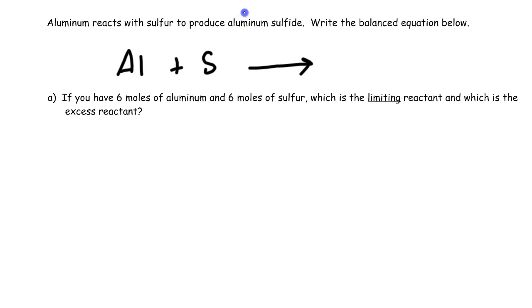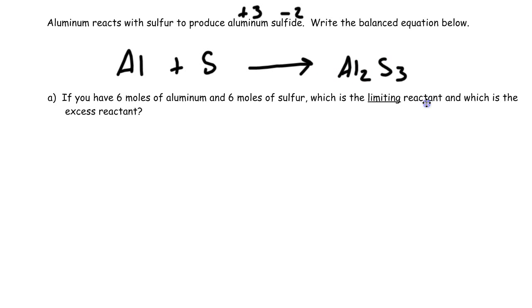So aluminum, if we look on the periodic table, is a metal, so we're dealing with an ionic compound, so we're going to be dealing with oxidation numbers. So our charge, aluminum is a +3. Sulfur, which is where sulfide comes from, which is in the ion name for it, is a -2. So when we crisscross, we're going to get Al2S3.